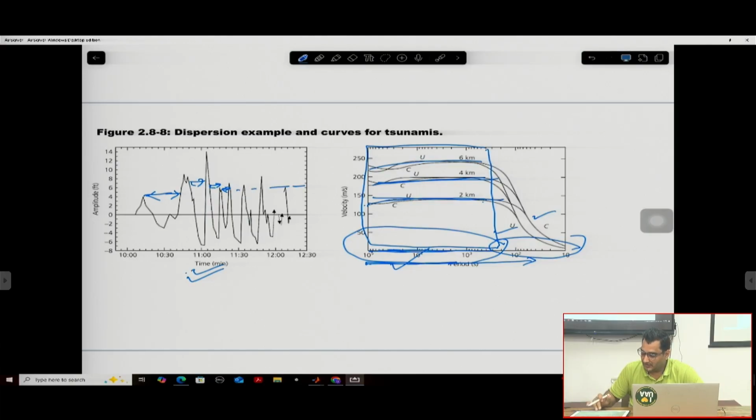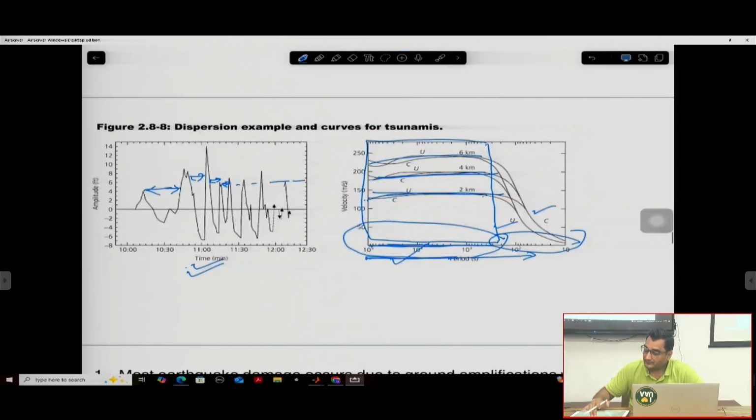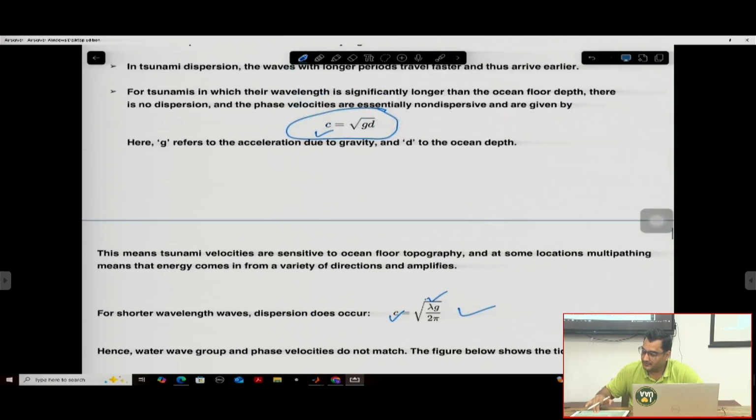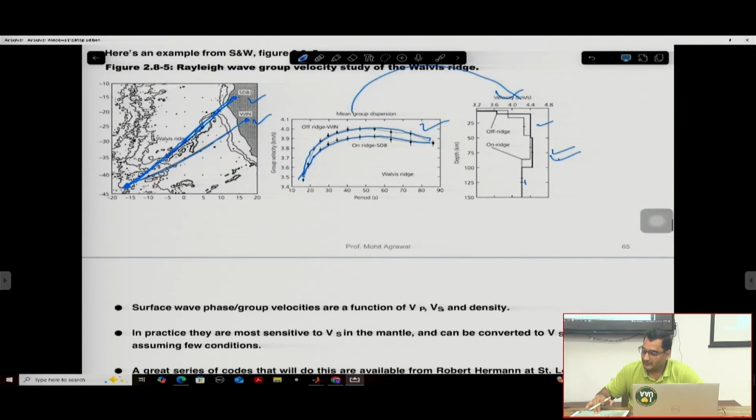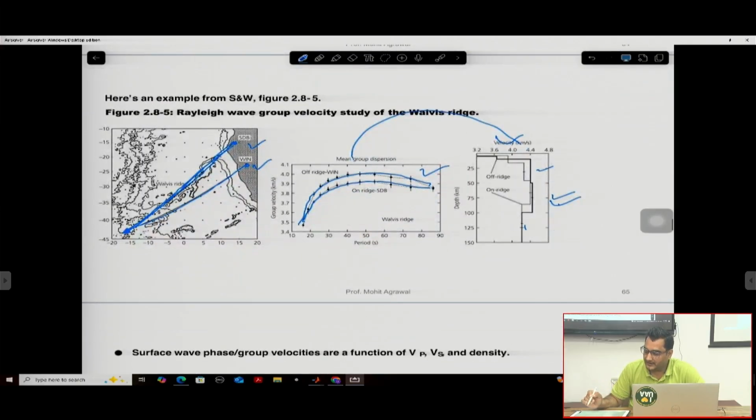So what is the takeaway here? Dispersion is a very important phenomenon which basically gives the value of phase velocity or group velocity for the Love wave and the Rayleigh wave with respect to either wavelength, frequency, or period.